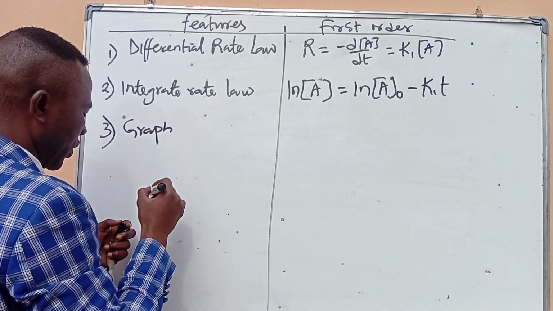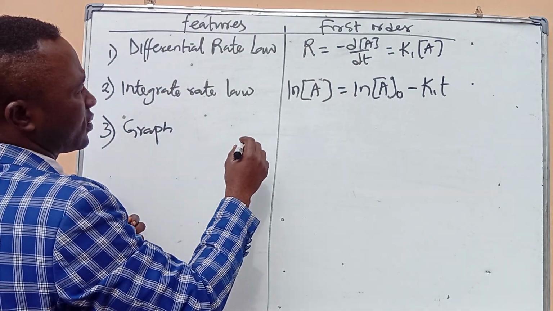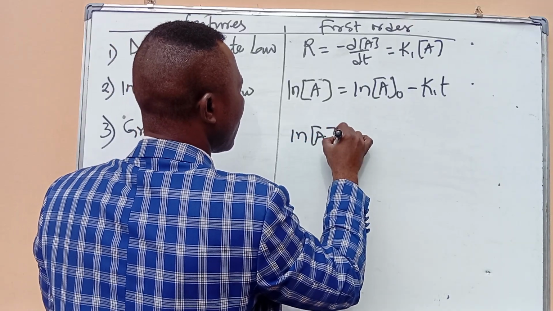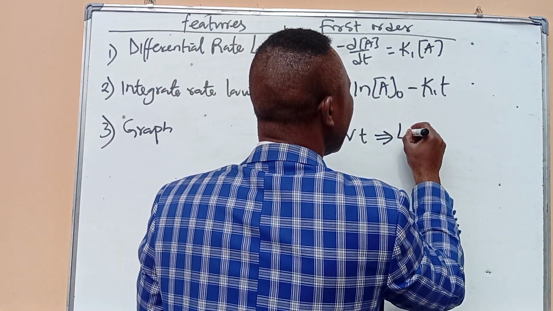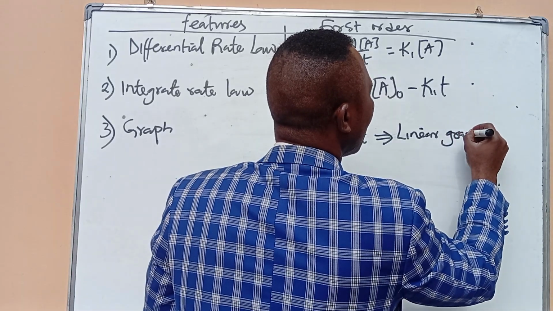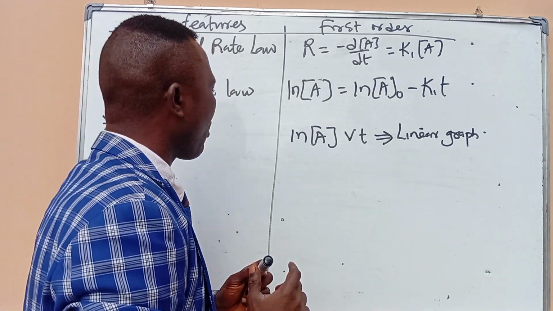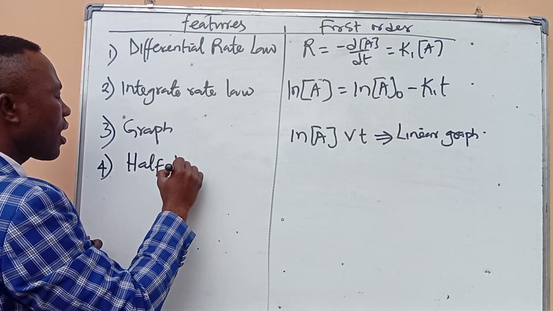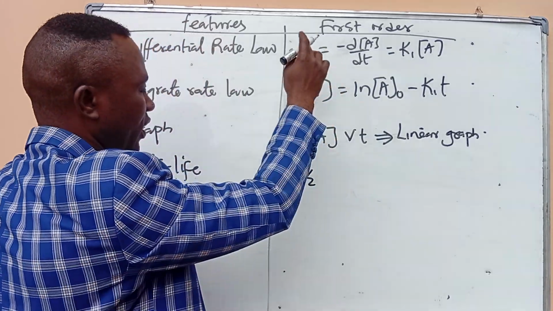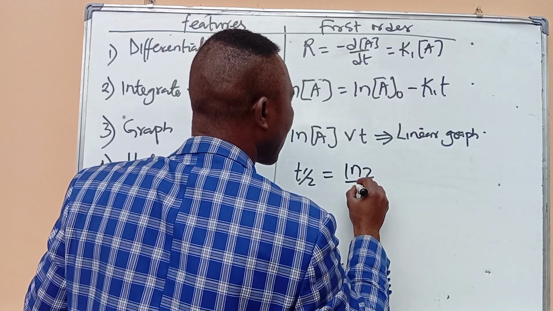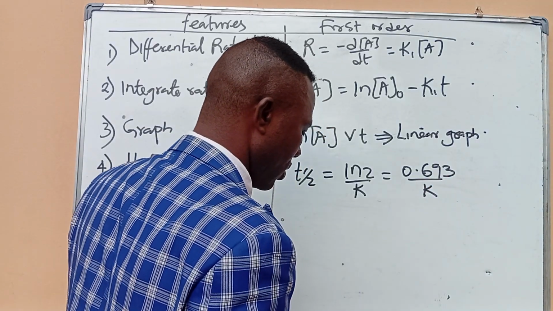If we plot a graph of ln A versus time, it will give us a linear graph. Then number 4, we take half-life. The half-life t1/2 for first order reaction is equal to ln 2 over k, which is the same thing as 0.693 over k.